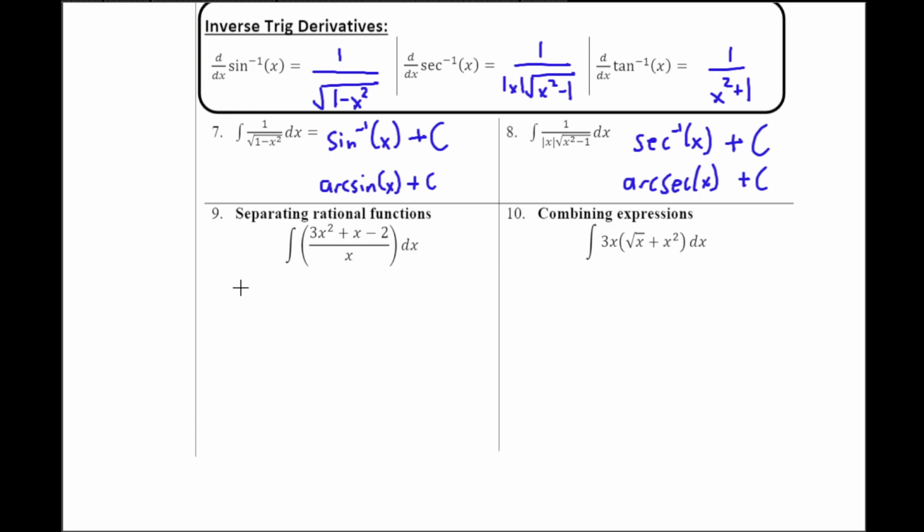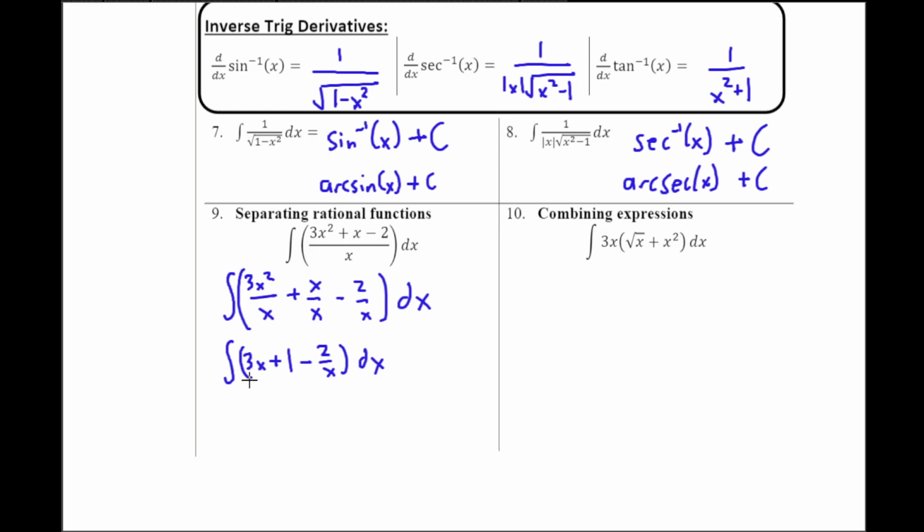These last two problems here are just additional techniques you can use to solve integrals. So if you have all this, right, you can rewrite this as each term on the top divided by x. So integral of 3x squared over x plus x over x minus 2 over x dx. Now if you simplify that, 3x squared over x, that's just 3x, plus x divided by x, that's 1, and you can't do anything about this 2 over x.